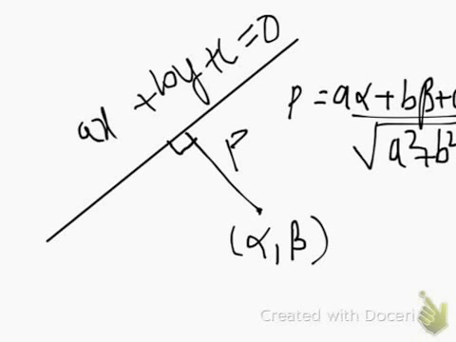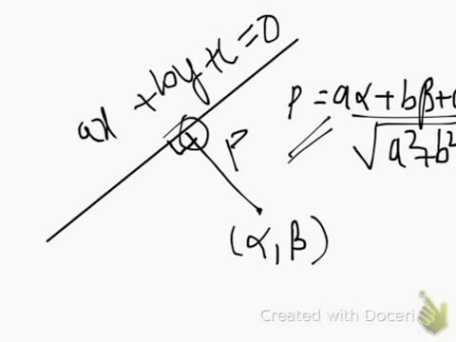Now how can we calculate this? This can be done because we know that when a line is perpendicular to any line, the slope will become minus 1 upon m. So we can find the equation of this line, solve it with this equation, find this point, and then find the perpendicular distance using the distance formula, and we will get the result. And this is the most simplified result.